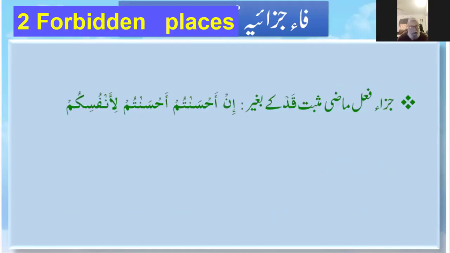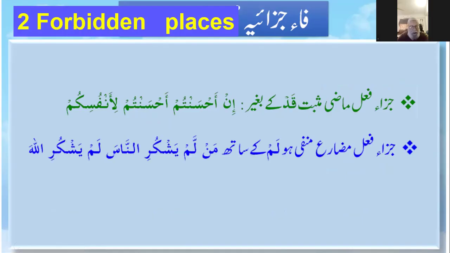Now the two places where the fa is forbidden to be used. One is jaza fi'l mazi musbat without qad. Just like in ahsantum ahsantum li anfusikum. Ahsantum is a mazi, coming from ahsana, yuhsinu, ihsan. So here as the qad is not there, they have not used the fa.